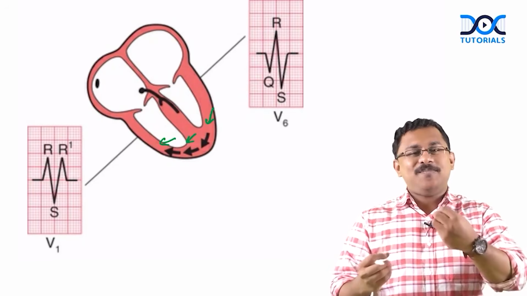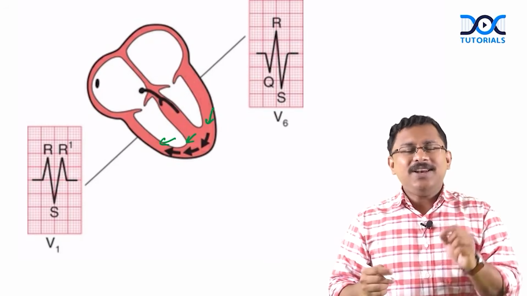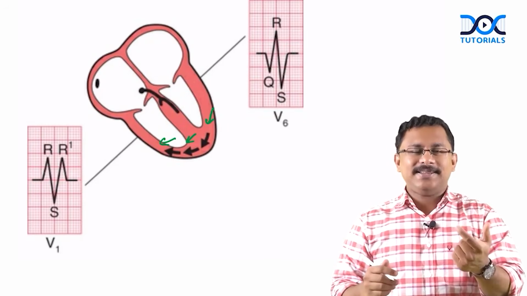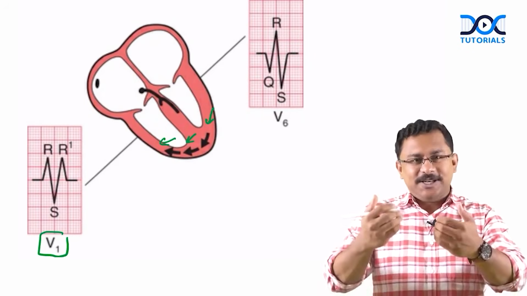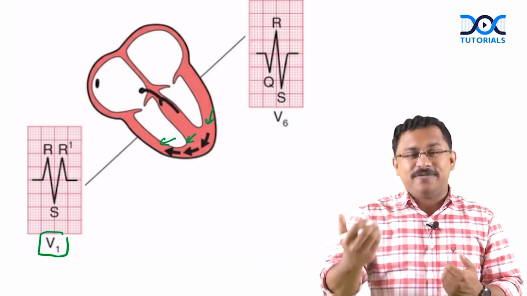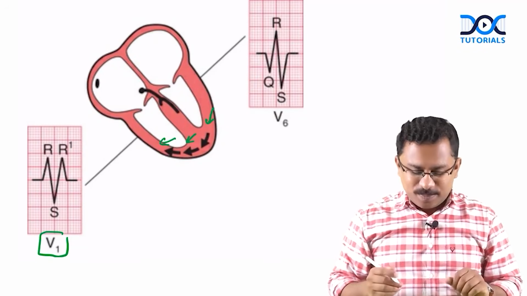The direction of the impulse is towards V1, which means the right ventricular depolarization will produce another deflection, and this deflection will be positive in V1 as it is moving towards V1, and will be a negative deflection in V6 as it is moving away from V6. Okay.